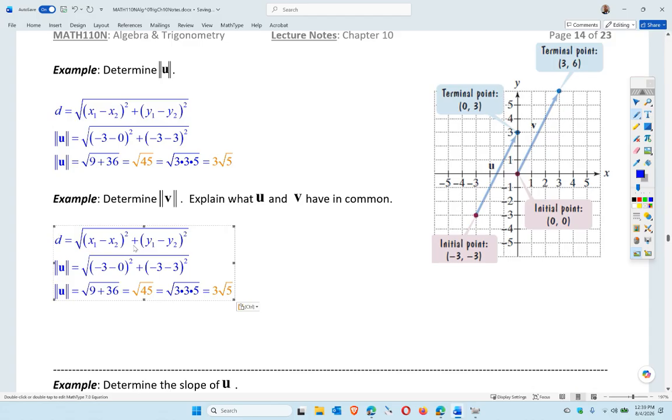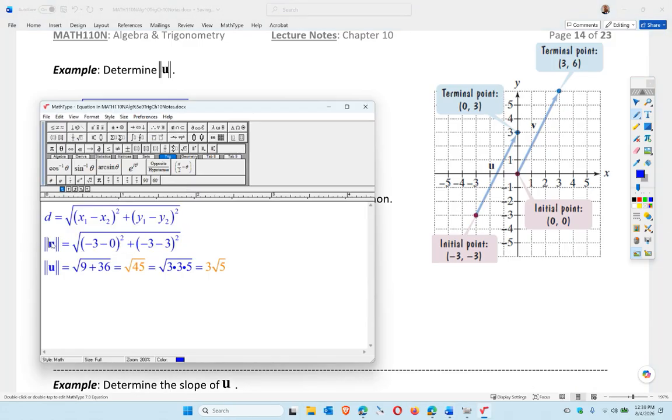So if I switch this one to vector v, we'll just change that to a v, change that to a v. We've got to slightly change these values because it's (0, 0) and (3, 6), right? So we have 0 and negative 3. I'm going to do an extra parentheses there.